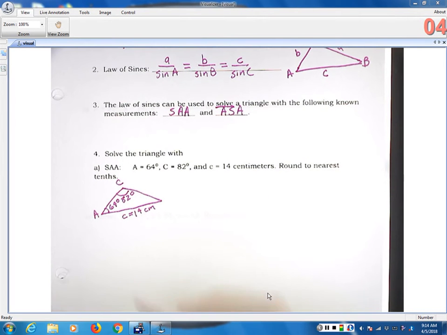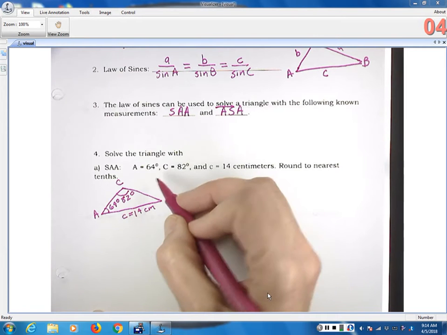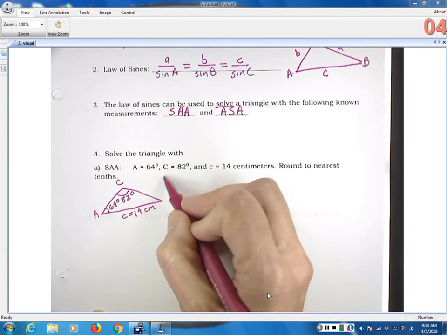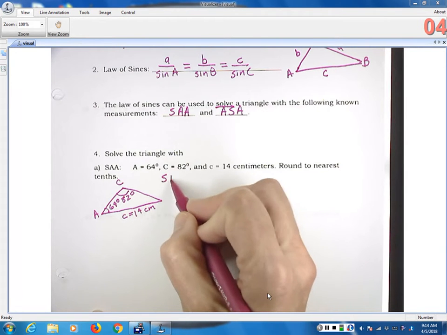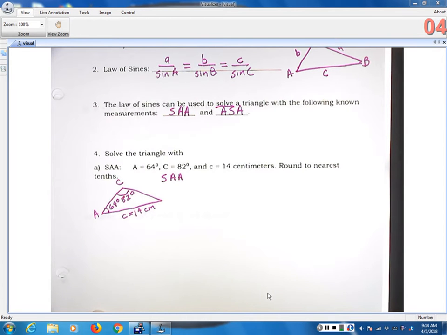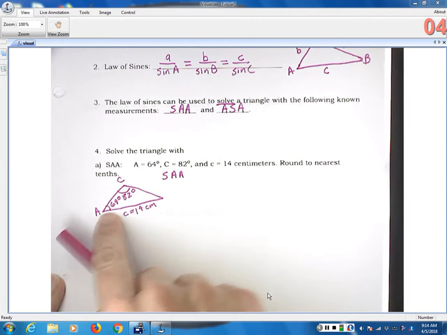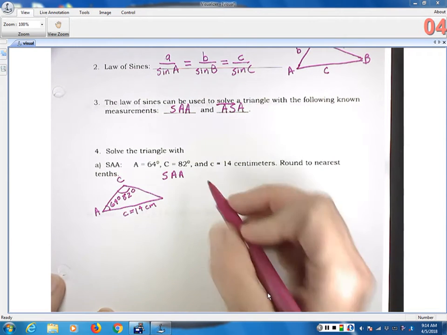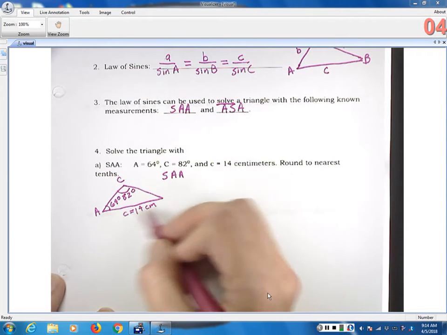All right, so we have a side and an angle here. So we can use the law of sines. So what do the angles add up to in a triangle? 180.